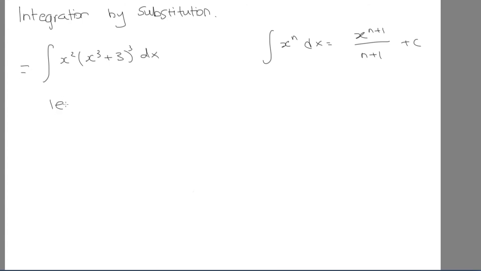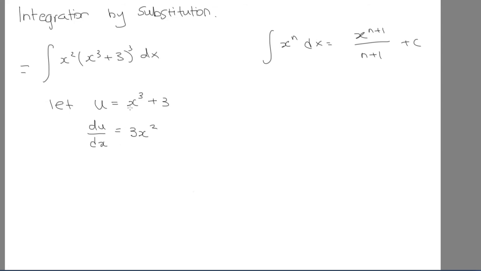You just simply let some u, so that's another symbol, equal to the bracket here, okay? And then do du dx. What do you get for that? Differentiation of u with respect to x. You just get 3x squared, is that right?